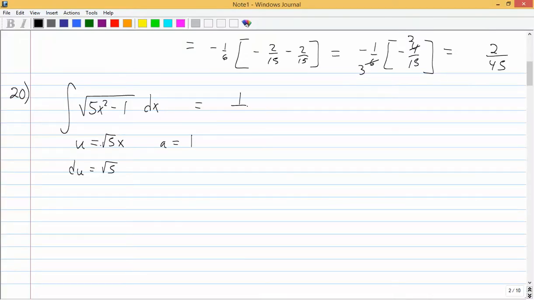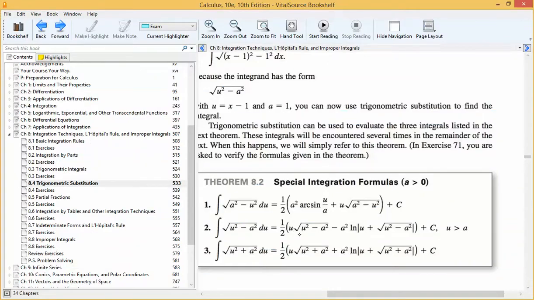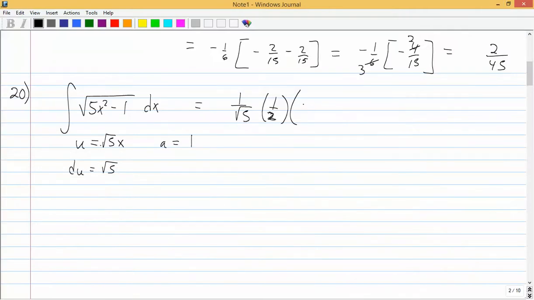So 1 over the square root of 5 times 1/2 times, now I just start following my formula. So u times the square root of u squared minus a squared.